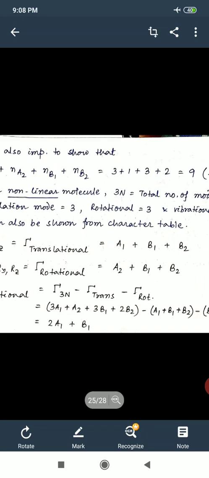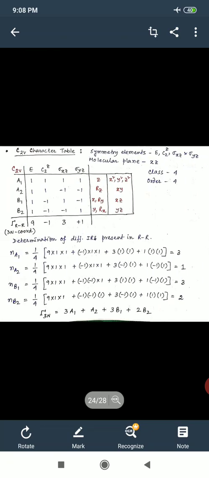In this way we can derive the different irreducible representations which are present in the reducible representation if we remember the C2V or any type of character table. Then we can derive which irreducible representations are responsible for translational, rotational or vibrational modes of a molecule.